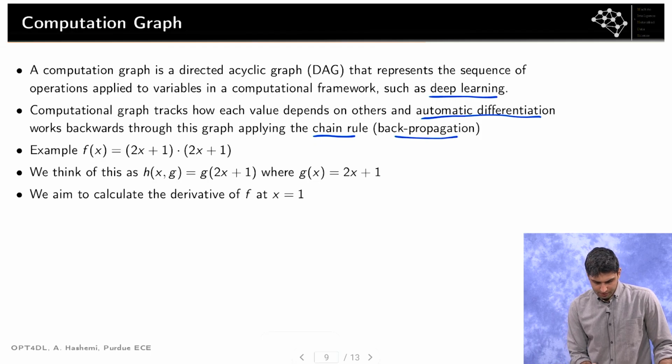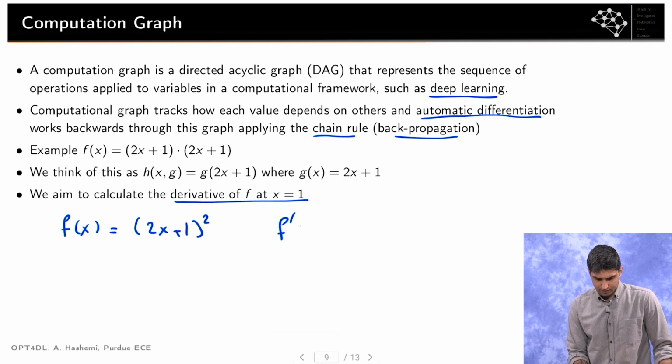So our example is that I have a function f of x, which is basically 2x plus 1 times 2x plus 1, okay? And my goal is to calculate the derivative of f at x equal to 1. Obviously this is very simple to do, right? f of x is nothing but 2x plus 1 squared.